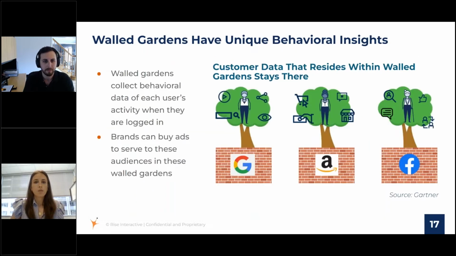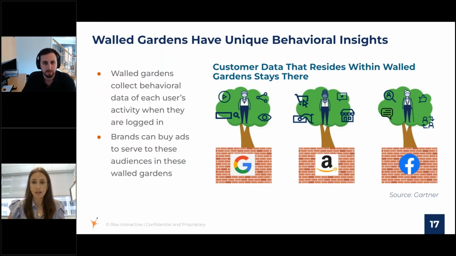And then we have the walled garden phenomenon, and the importance of the data that different walled gardens have, Google, Amazon, and Facebook being the largest and most talked about for a long time, is that when a user is logged in to Facebook or to Amazon, they are giving these platforms the ability to see what they're interested in based on their behavior.